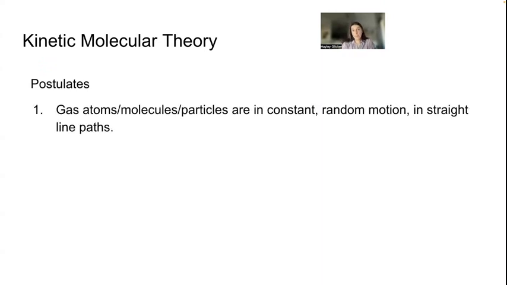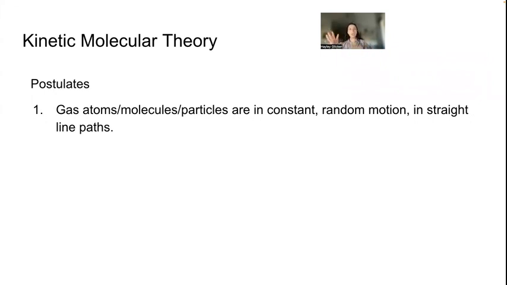So when thinking about kinetic molecular theory, there's 5 key postulates that we have to be able to identify. Some of these we've kind of already talked about without formally introducing kinetic molecular theory. The first of which is that gas atoms or particles or molecules are constantly in motion, that motion is random, and they move in a straight line path.